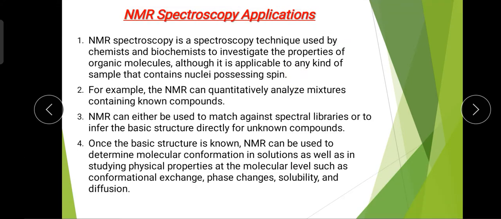We know that in NMR spectroscopy we can determine the conformation of the molecule in a solution as well as study physical properties of the sample at the molecular level, and these physical properties are conformational exchange, phase changes, solubility and diffusion. These are all physical properties we can study with the help of NMR spectroscopy for a given sample.